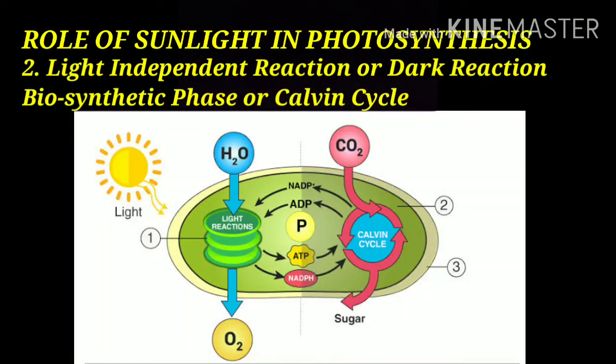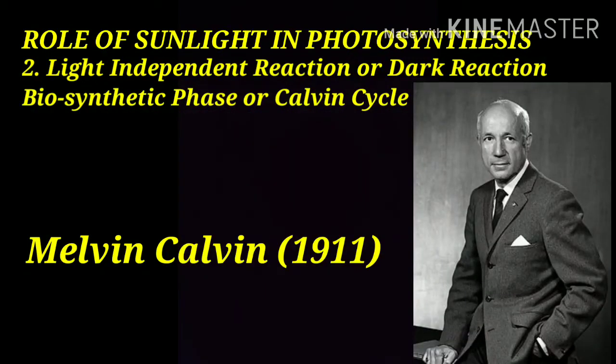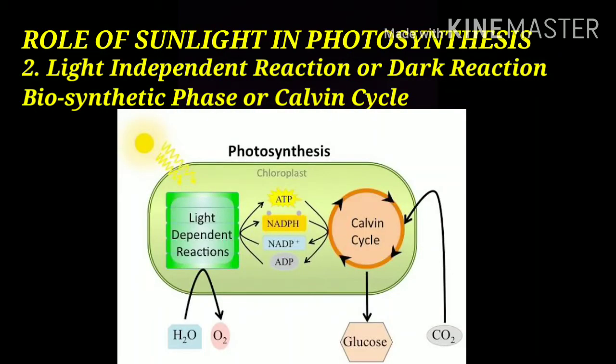Second, light independent reaction or biosynthetic phase or Calvin cycle. This was discovered by Melvin Calvin. The dark reaction occurs at stroma of the chloroplast, and this reaction is also known as Calvin cycle.